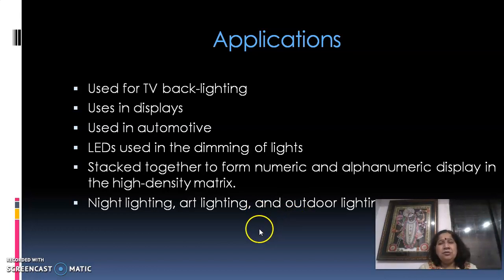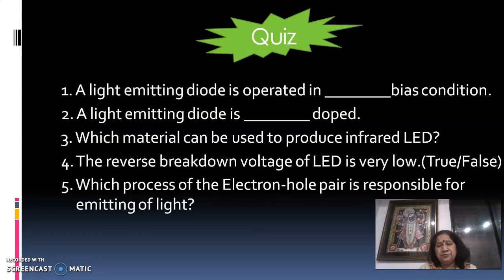Whenever you visit an airport or railway platform, you can see rolling displays, even at bank counters, and LEDs play a very important role. So the list of applications of LED is huge.